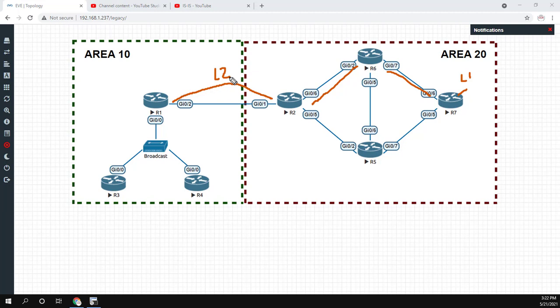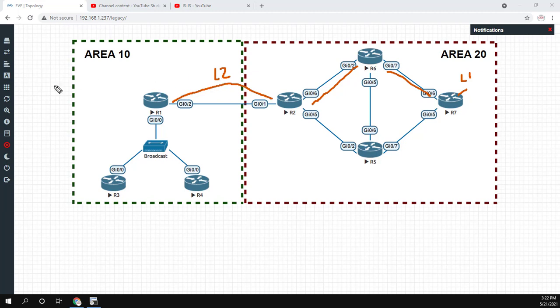We don't know the type 1s or type 2s in OSPF. We just summarize and send the summary LSA. So we're still getting the full information. We just don't have the LSPs. When I say full information, we have all the routes. We don't have all of the link state information.